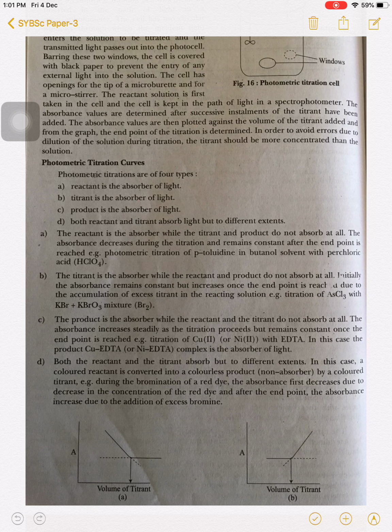So initially, suppose 1 ml of titrant is added into the titration cell, then some amount of compound is formed, but we know that the reactant and product do not absorb the light radiation. Initially the absorbance is steady. After a certain addition of volume of titrant, there is a sudden increase in the absorbance value. That point of change in absorbance is nothing but the end point.